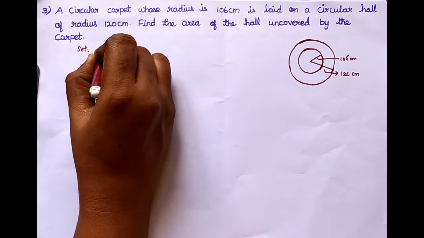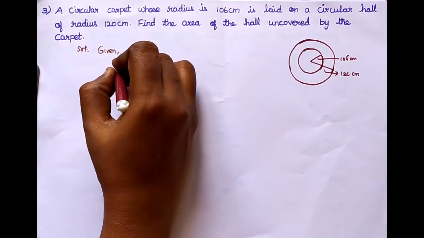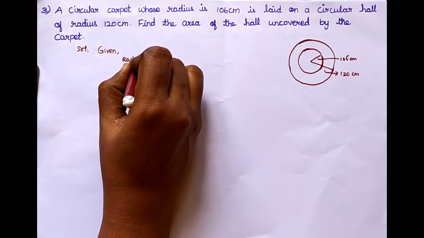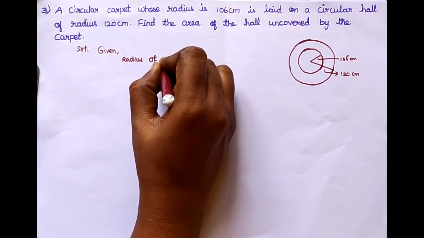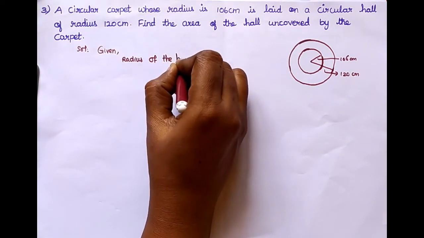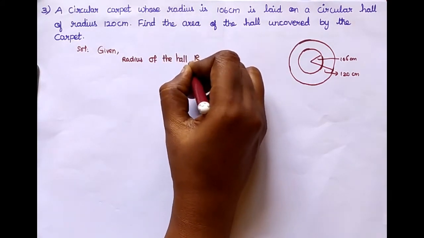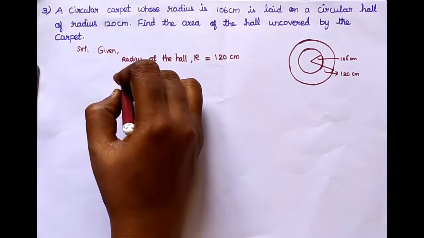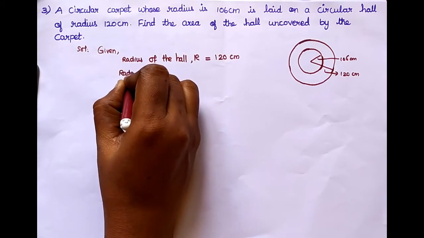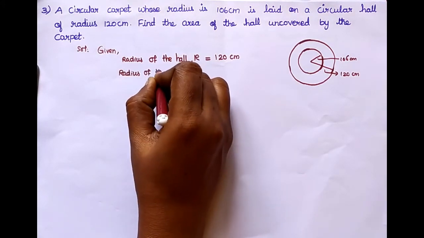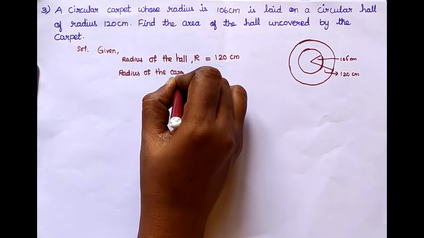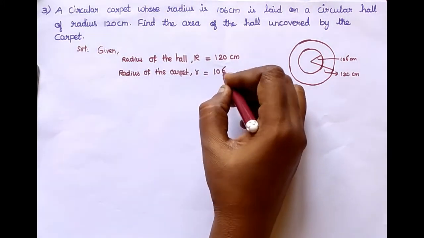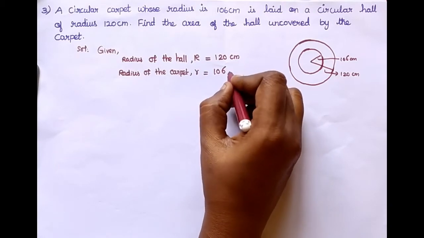So given radius of the hall, that is capital R, equal to 120 centimeter, and then radius of the carpet, that is small r, that is 106 centimeter.